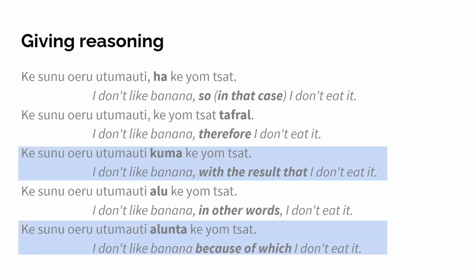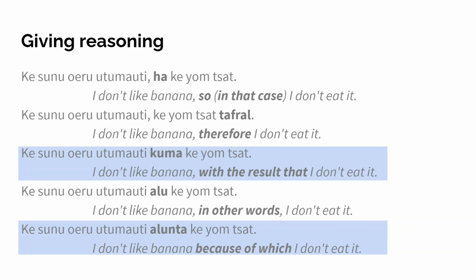And let's also take a look at these two again. Maybe you already saw it, but kuma actually comes from kum, result, a, which is. And very often in Natvi, if we have something like that, we can also turn it around and then change kuma into akum. So the result which is, but then the result is on the other side. So we can switch around the sentence. And for alunta, we have the same.